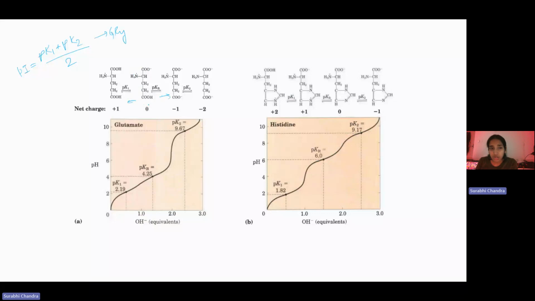So in order to calculate the isoelectric point of glutamate, it will be pK1 plus pKr divided by 2.